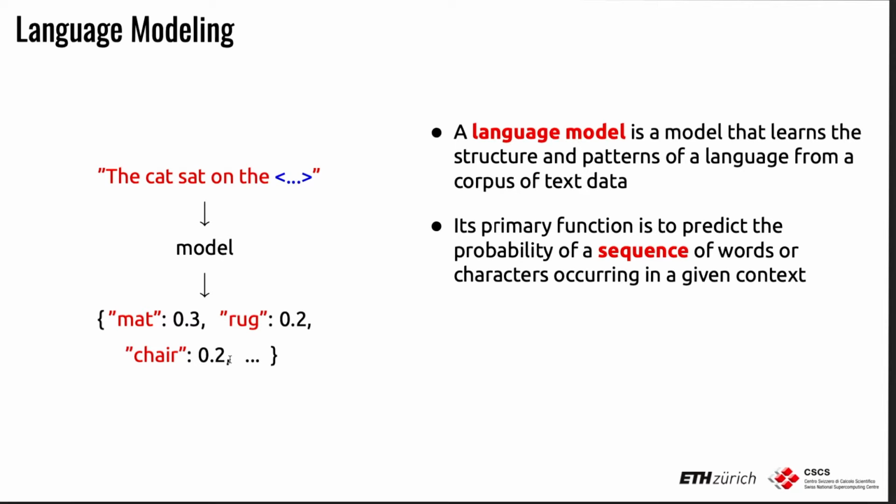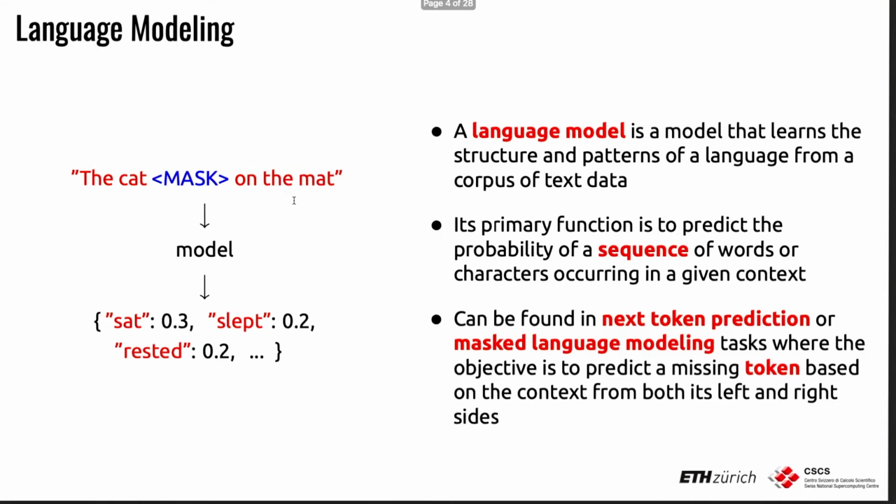And there are two main ways of doing this language modeling design or training. One is predicting the next word, like this one, and another one is called masked language modeling. That is very similar, but in this case you give a sentence with a missing piece inside, and the model should predict what this missing piece is.